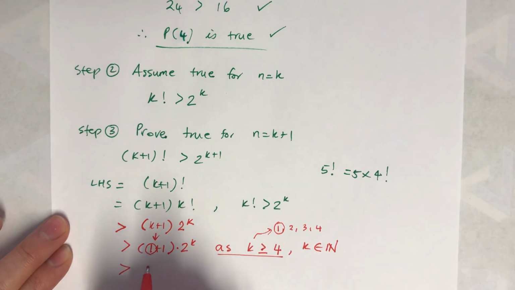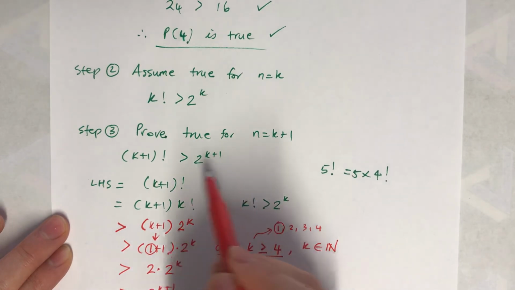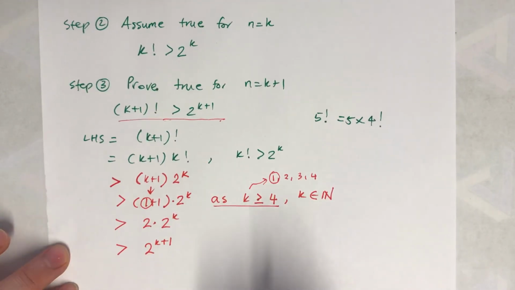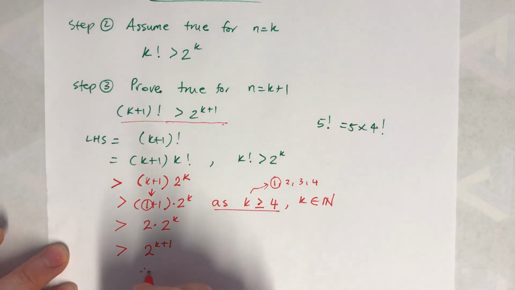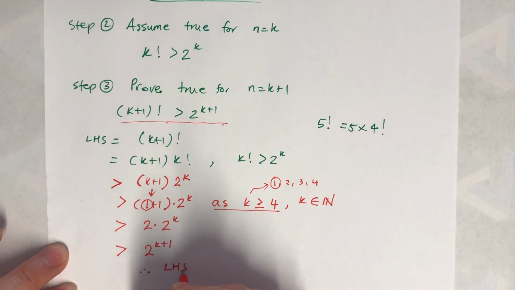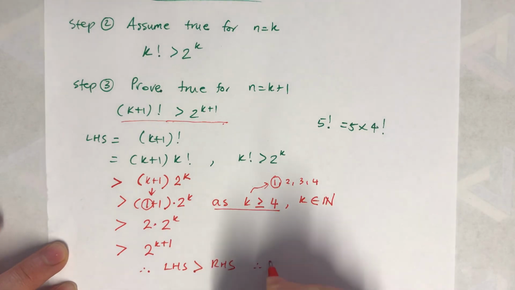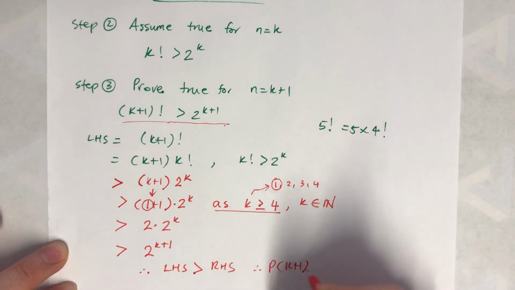So now I can do, which means it is the same as this up there. Okay, so therefore we can say left hand side is bigger than the right hand side, and therefore P(k+1) is true.